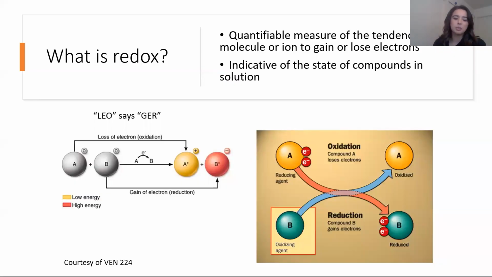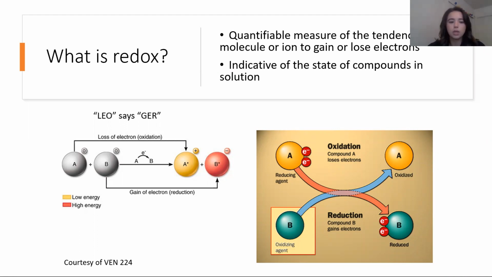So I use this term, but what exactly is redox? In general chemistry, we learned that redox stands for reduction oxidation, where reduction causes a gain in electrons and oxidation is loss of electrons. So the terms redox and ORP, or oxidation reduction potential, are often used interchangeably, and you'll see it measured as EH, or millivolts, in the literature.